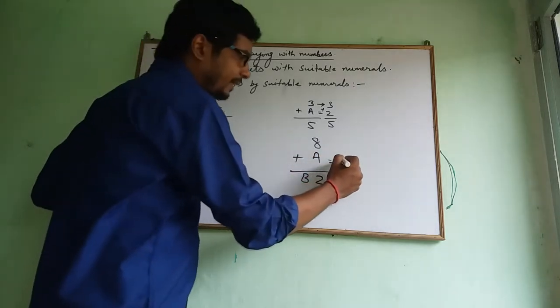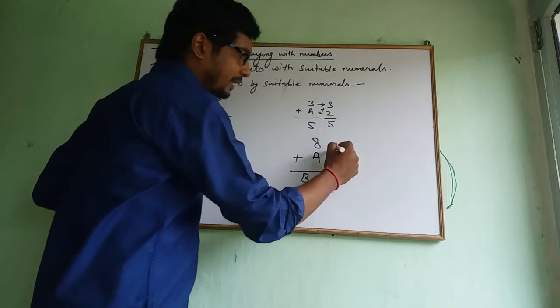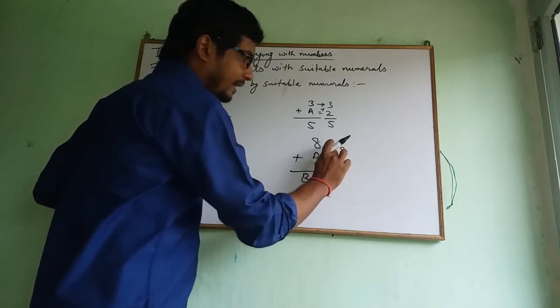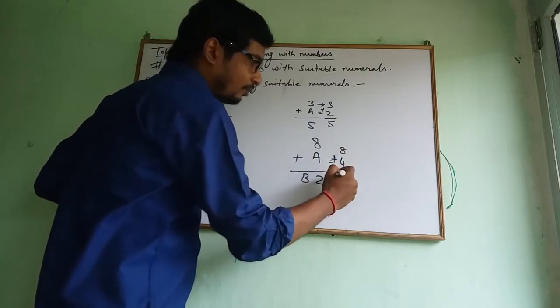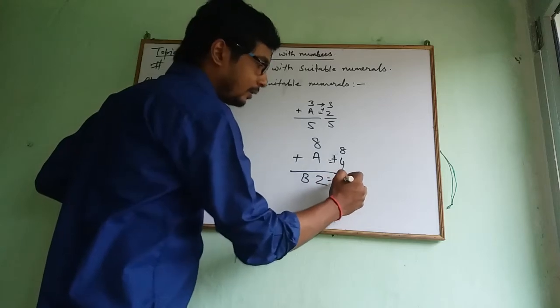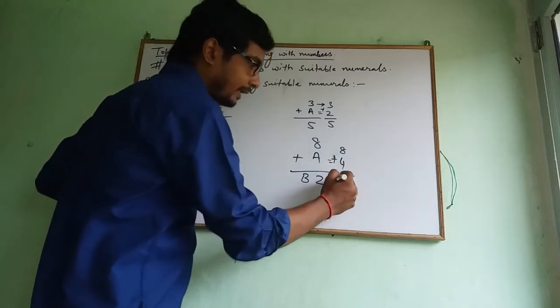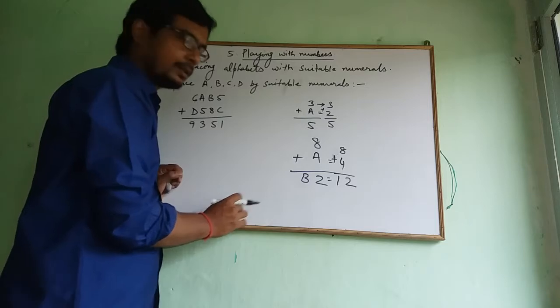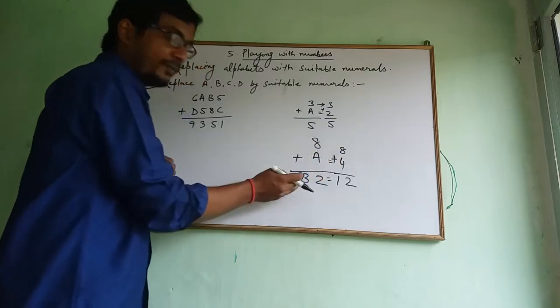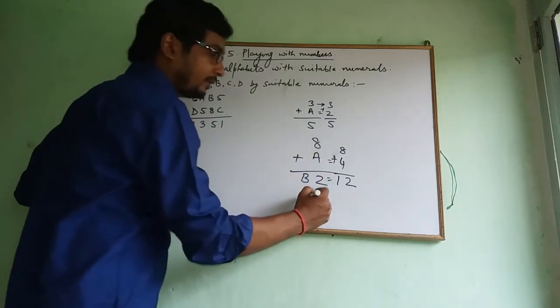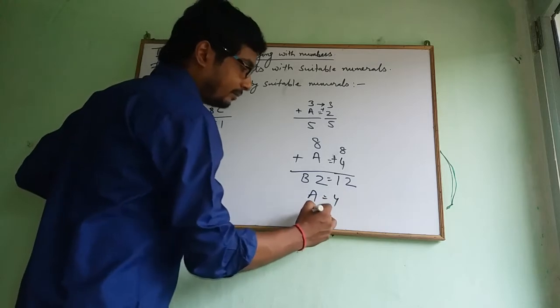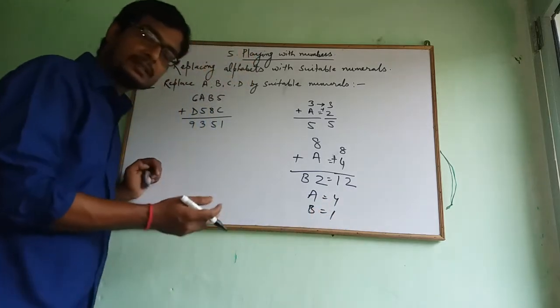If I add 4 with 8, I will get 2 as my unit digit and 1 as my tens digit. So this justifies the answer. The value of A must be 4 and the value of B must be 1. This will be my answer.